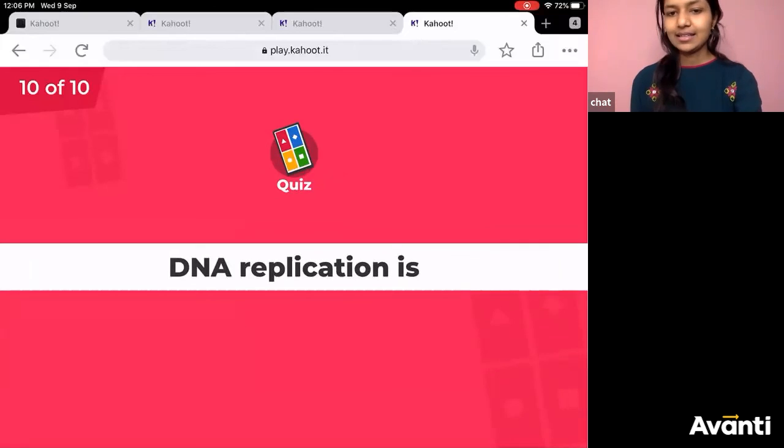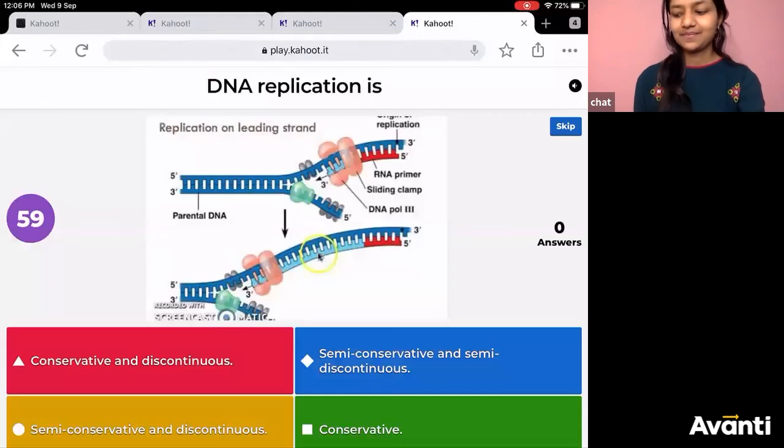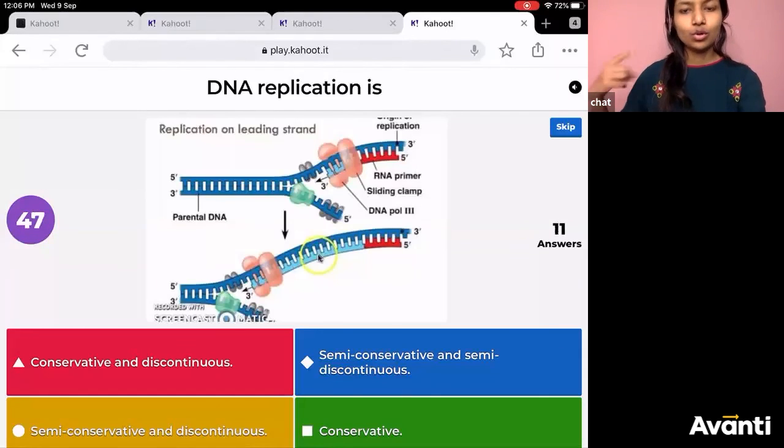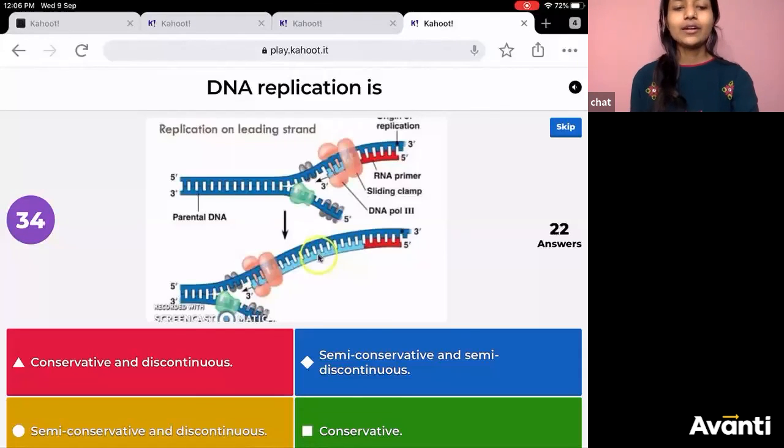Yes. DNA replication is... सोचो, थोड़ा सा सोचो and answer करो. There should not be any doubt in semi-conservative, right? So there are two, the blue color and the yellow color.